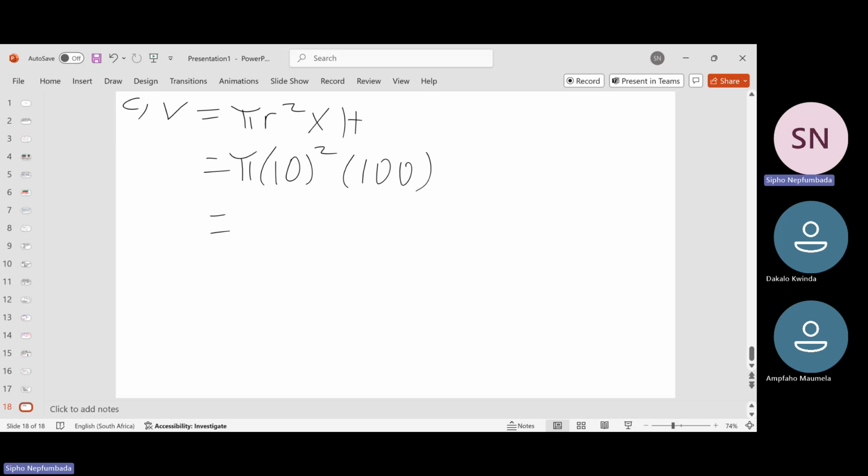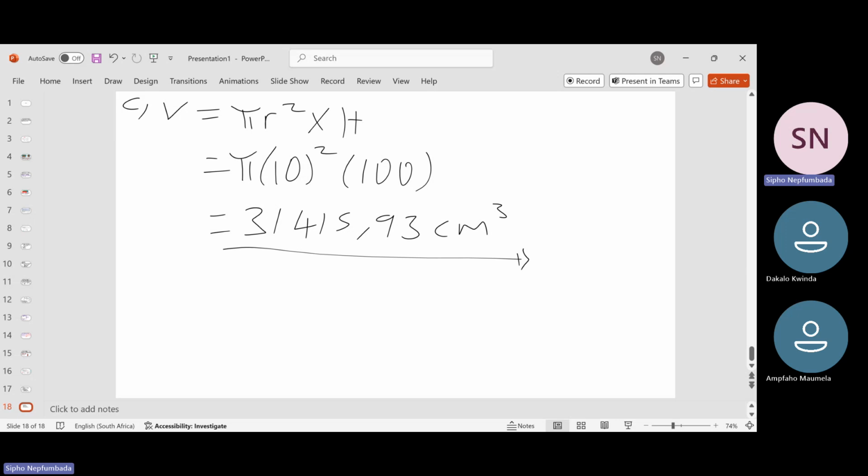Then what do you get? 31,415.93 centimeters cubed.